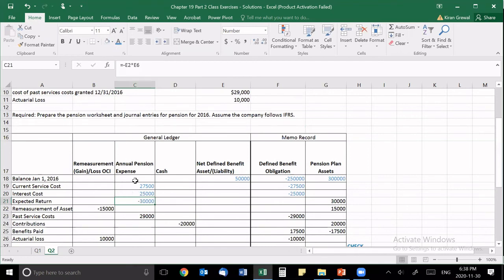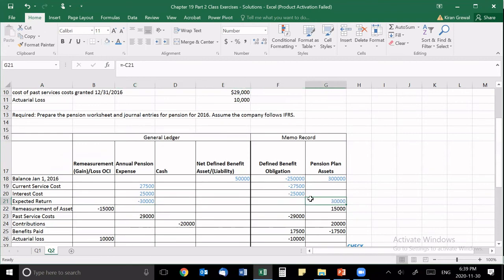Our expected return is going to decrease our pension expense. I haven't told you where the debit goes, but for IFRS, we're going to do our expected return, and then the difference between our expected and actual. We know our actual return goes into our asset account. So the expected plus the difference between actual and expected should also go into the asset account. We're debiting 30,000 into our pension plan asset.